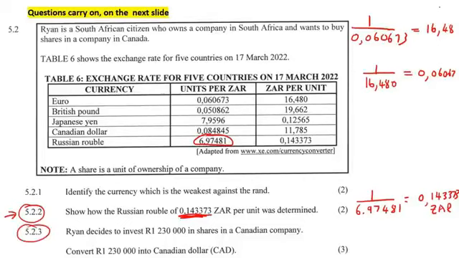Now, for this one over here, it says Ryan decides to invest a bit more than 1 million rand, so it's 1,230,000 in shares in a Canadian company. Convert that into Canadian dollars. Some of you might be wondering where to even start. Check this out.